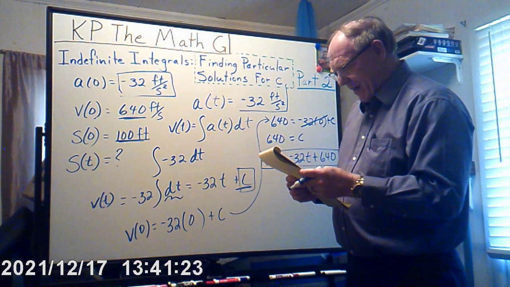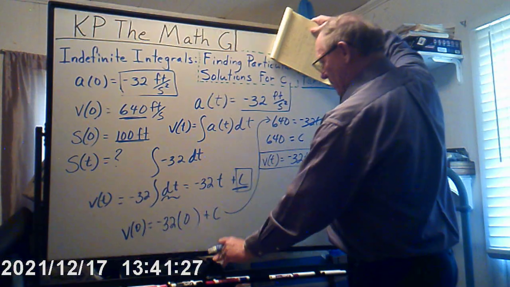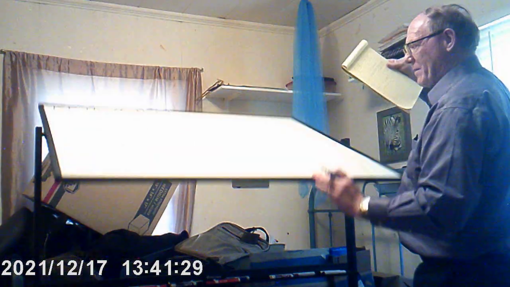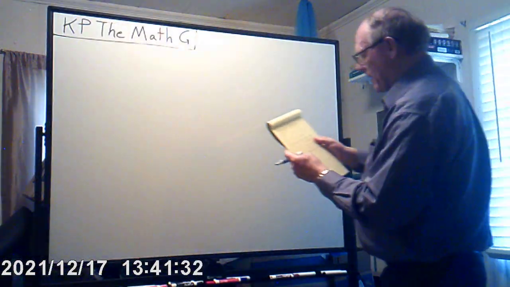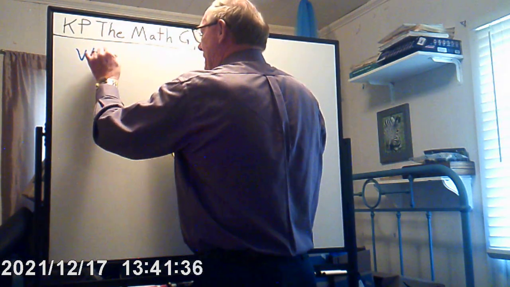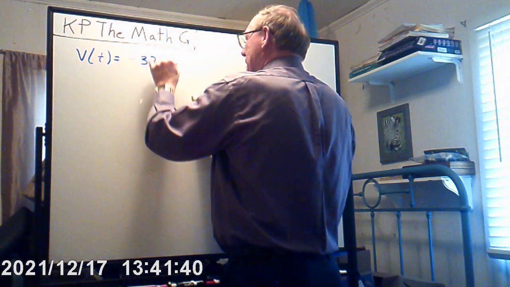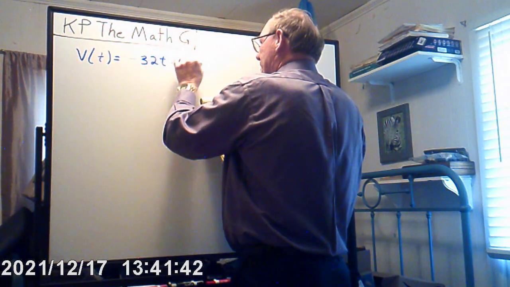Let's flip it over. We're almost done here. Let's rewrite what v at t is. V at t is equal to negative 32t plus 640.